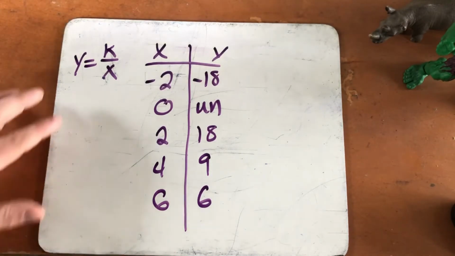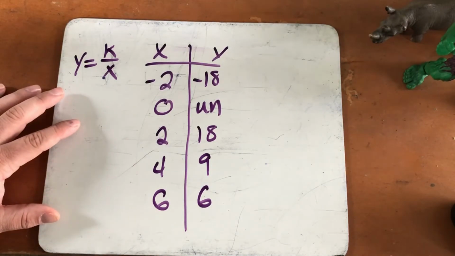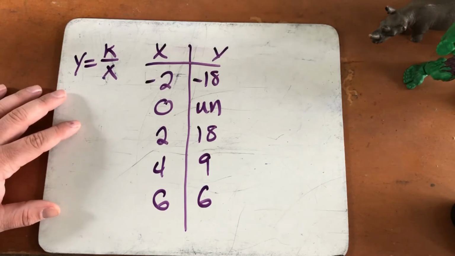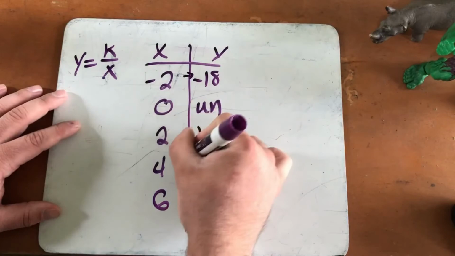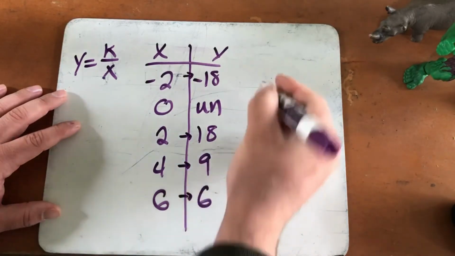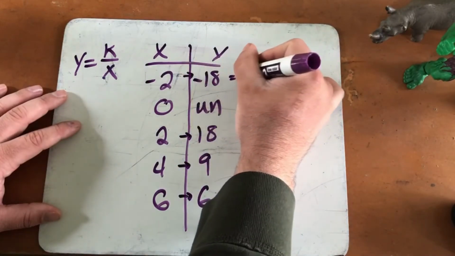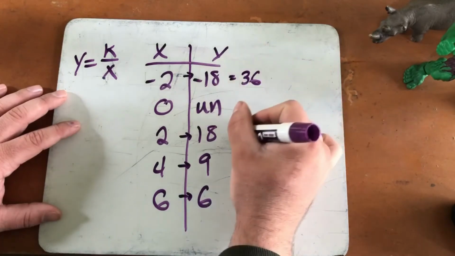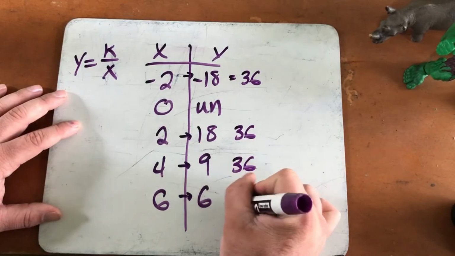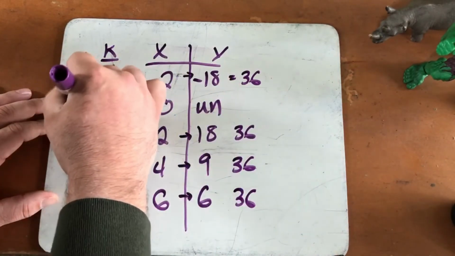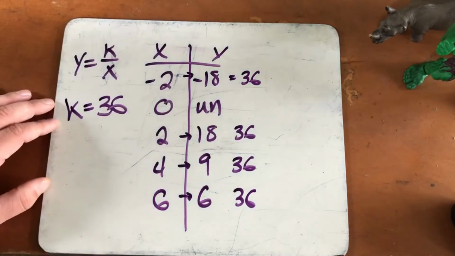All right, but let's check and see if this gives me a constant of variation. So I multiply my x's and my y's. -2 times -18 is 36. 2 times 18 is 36. 4 times 9 is 36. 6 times 6 is 36. K equals 36.